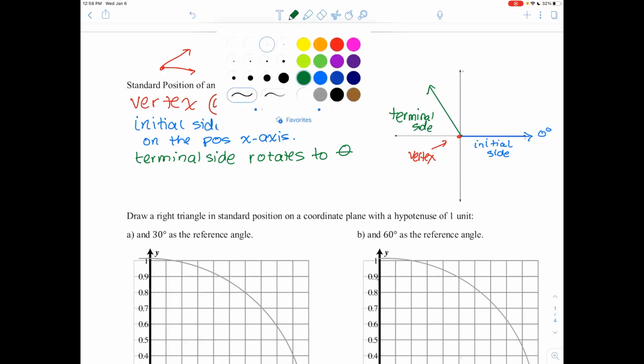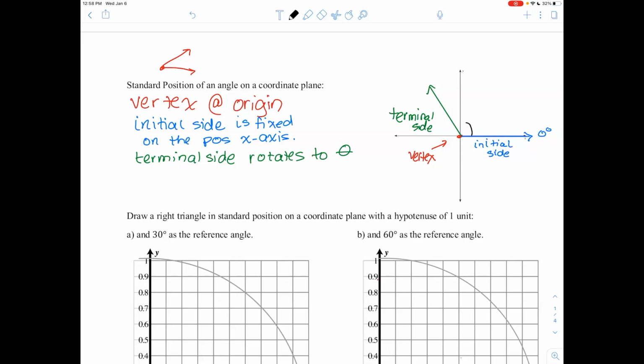And what we get with the terminal side is the measure from here to here, which is angle theta. If we don't know the angle's measure, a lot of times we'll label it as angle theta or angle alpha or something like that. But that is the standard position of the angle, and if we know the angle's measure, we can draw how large or small it is. Okay, so that is the standard position all the time.